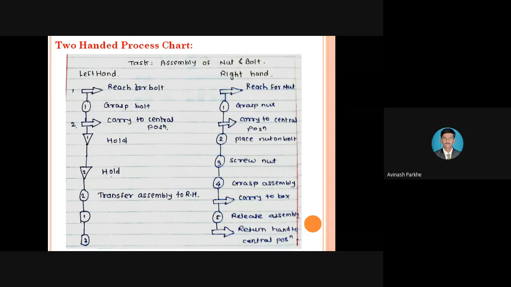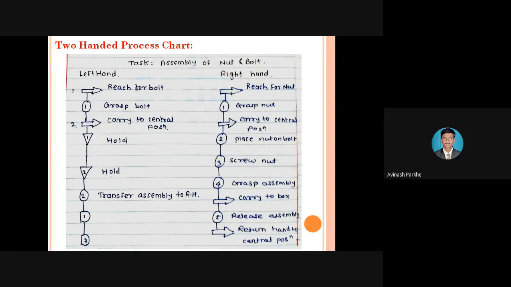As we know, there are some tasks in which we have to use the left hand as well as the right hand. The task performed by the left hand is shown in one chart, and during the same operation, the task performed by the right hand is also presented using a chart.